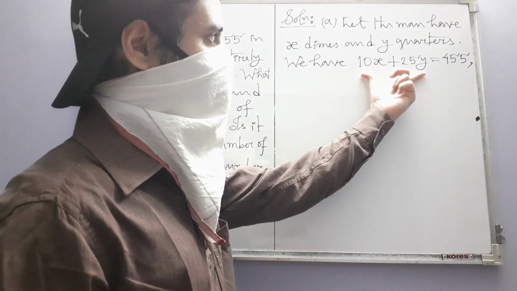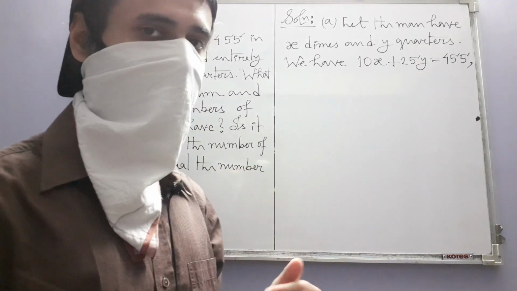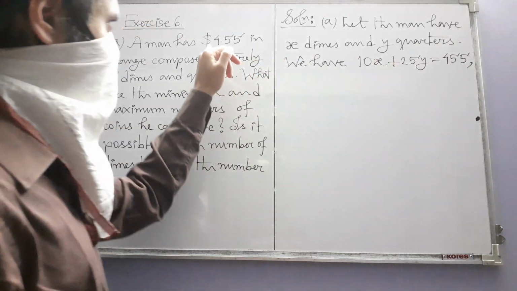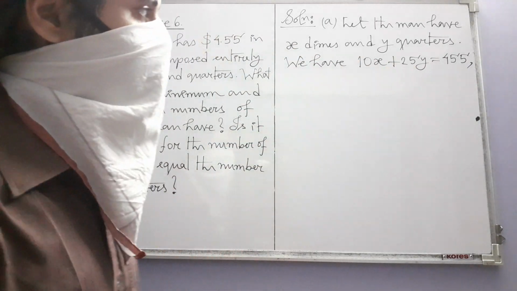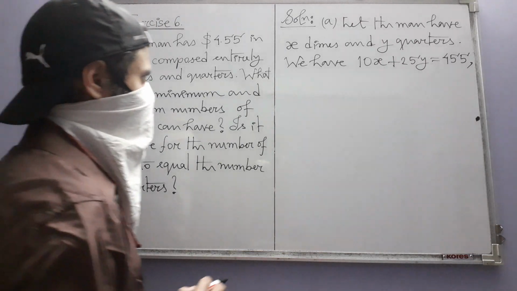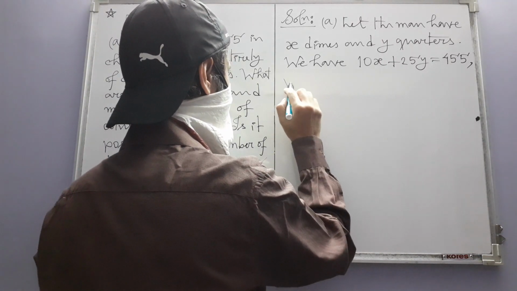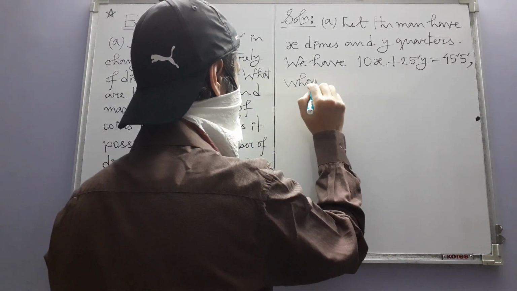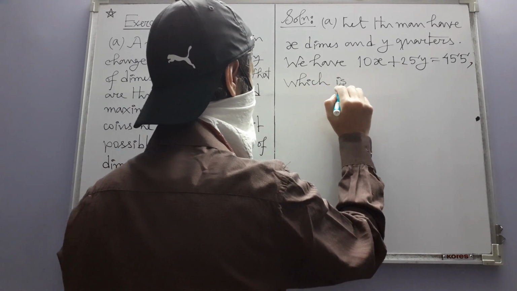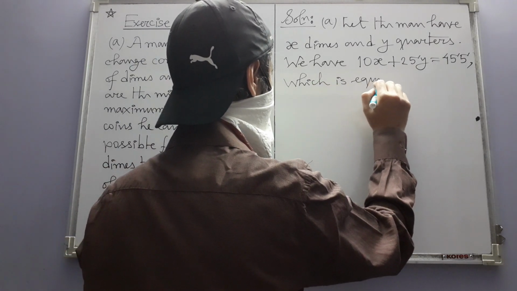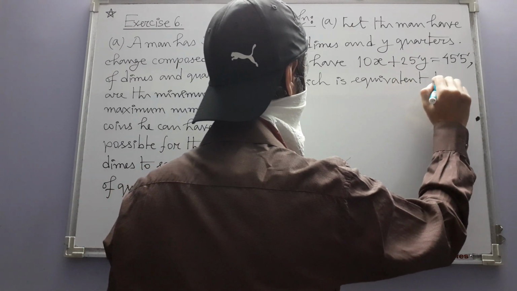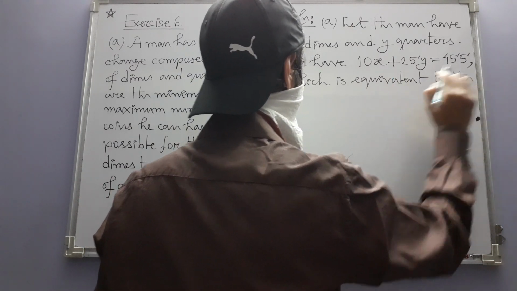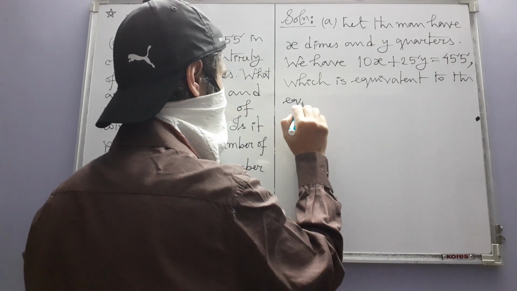So this is the total number of cents he has. And if you convert this also into cents, then you get 455 cents. So you get this Diophantine equation, which is equivalent to the equation.